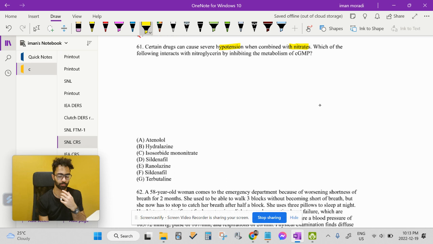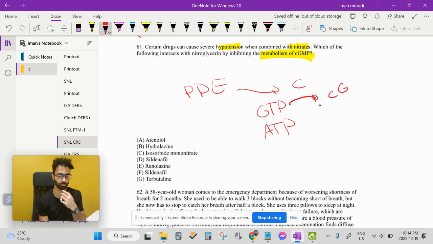Phosphodiesterases: we have GTP and ATP hanging out in a cell, and there are these signaling molecules that turn these really fast into cGMP and cAMP. So these are signaling, like adenylate cyclase. These are your Gs here. Something similar is here.